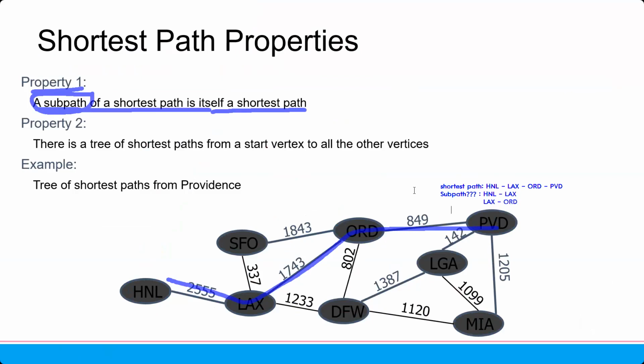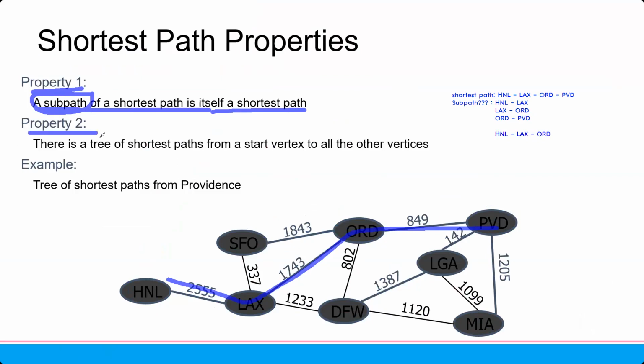And we can also have another subpath, which is ORD to PVD. It means this is a subpath between two nodes. So this is a subpath between two nodes. We can also have another subpath. For example, I want to go from Honolulu to ORD. So this is another subpath. Okay.